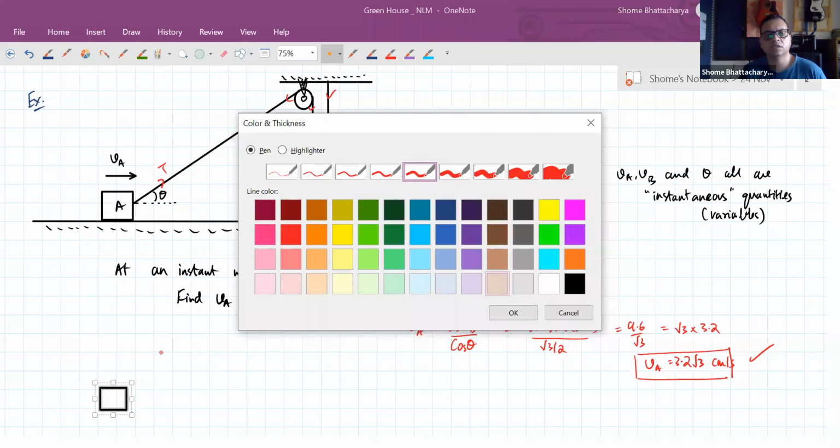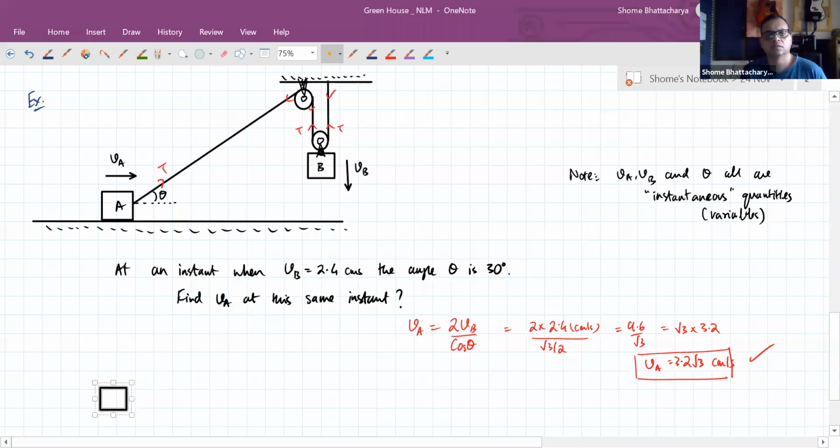A is moving horizontally, but tension is acting like this. The velocity vector for A will be along the horizontal. So this angle is theta.